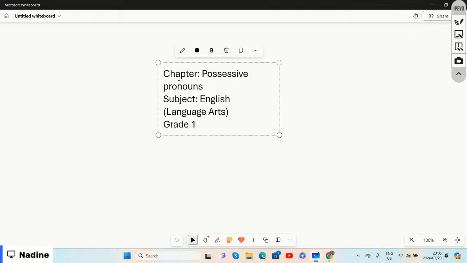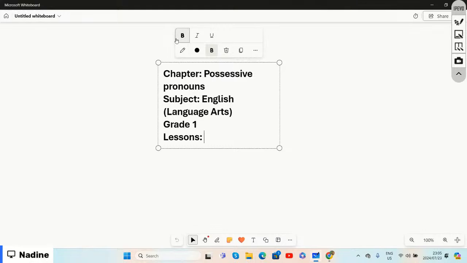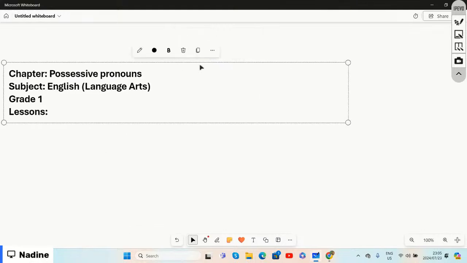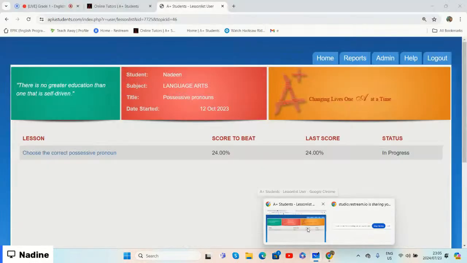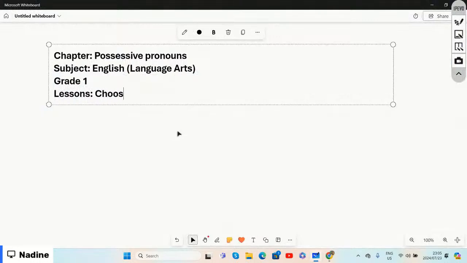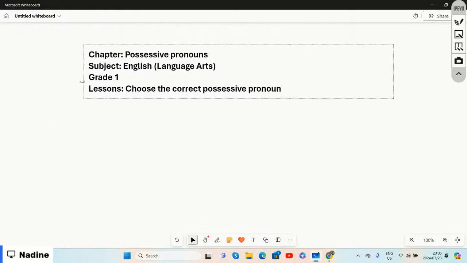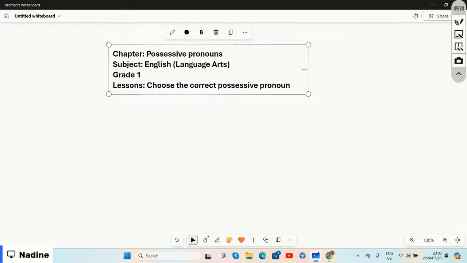We are doing grade 1, and the lesson that we are going to be focusing on under the chapter of possessive pronouns is to choose the correct possessive pronoun.